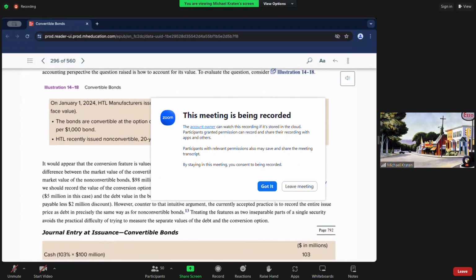First, we are talking about convertible debt. The word convertible means it is debt, but the lender can contact you. The lender has the right to say, I'm tired of being a lender. I'm tired of holding your debt.